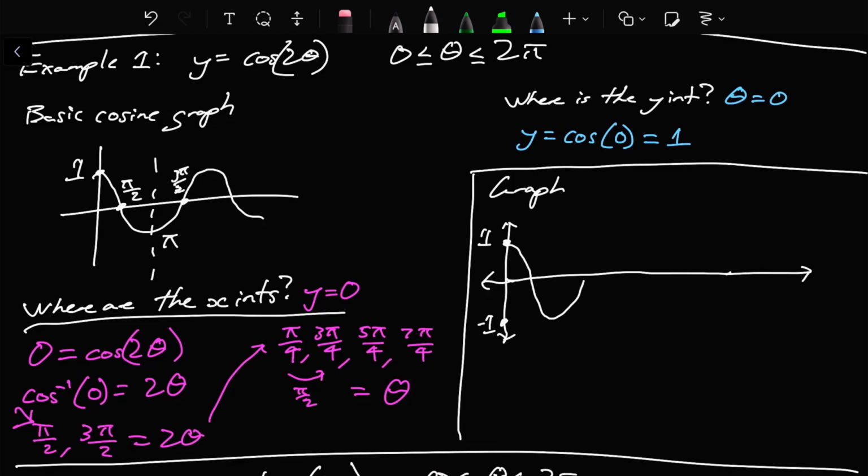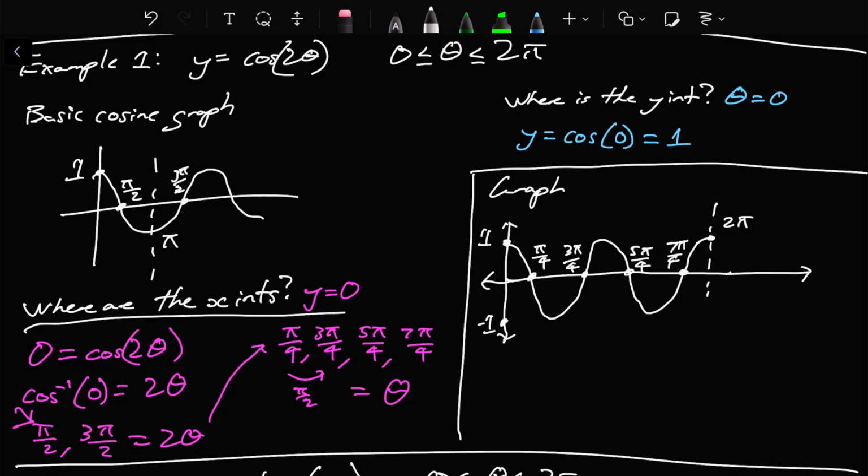It's going to be a little bit more squished. Obviously, this is a sketch. So this is pi on 4, 3 pi on 4, 5 pi on 4, 7 pi on 4. And then this peak here is going to be at 2 pi. In other words, it's been squished in half.